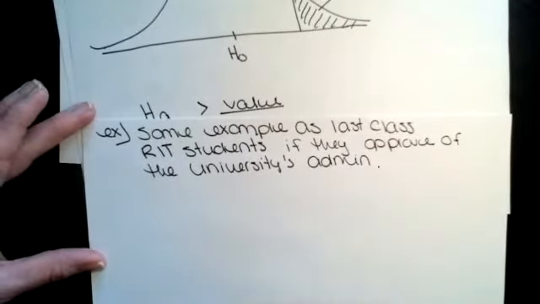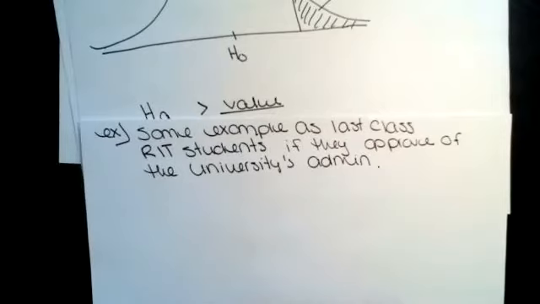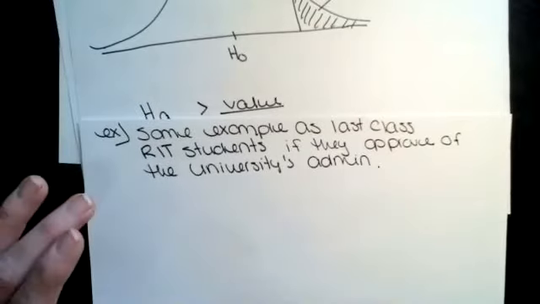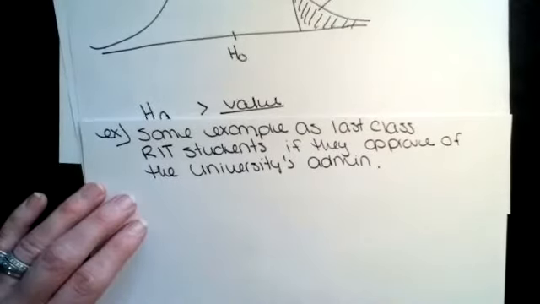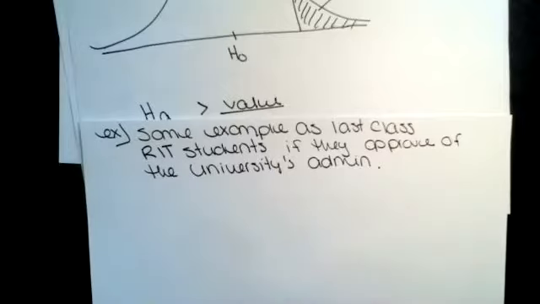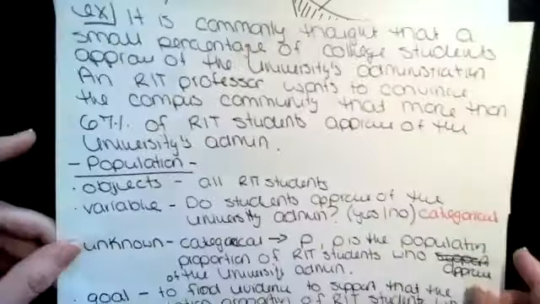Okay, and that's what we're studying. So I'm going to give you the sample piece. So last class, when I wrote this up, I didn't give you the information about the sample. So let's just take a look at what we did last class.